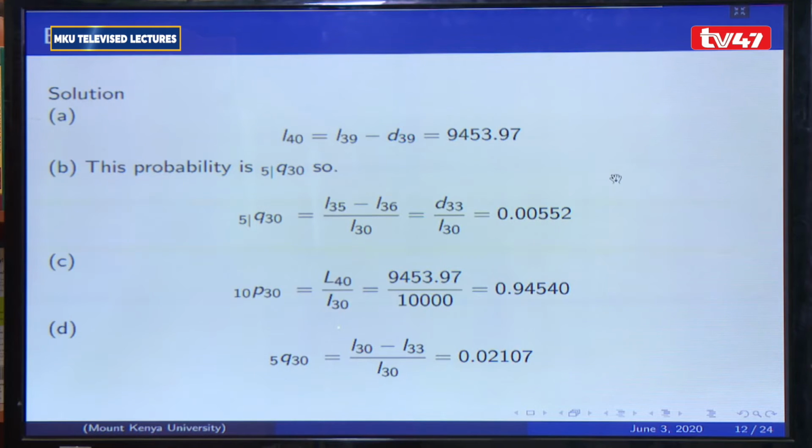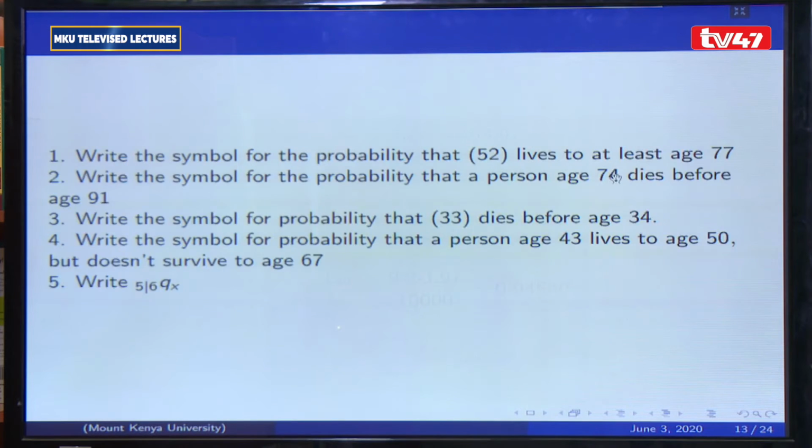and that is what will give us the probability that arrived aged 30 will survive in the next 10 years.